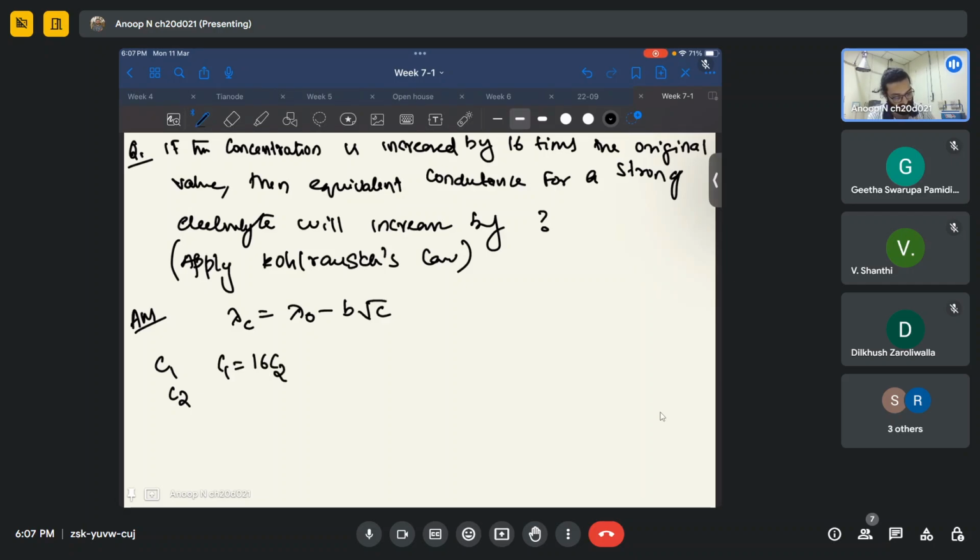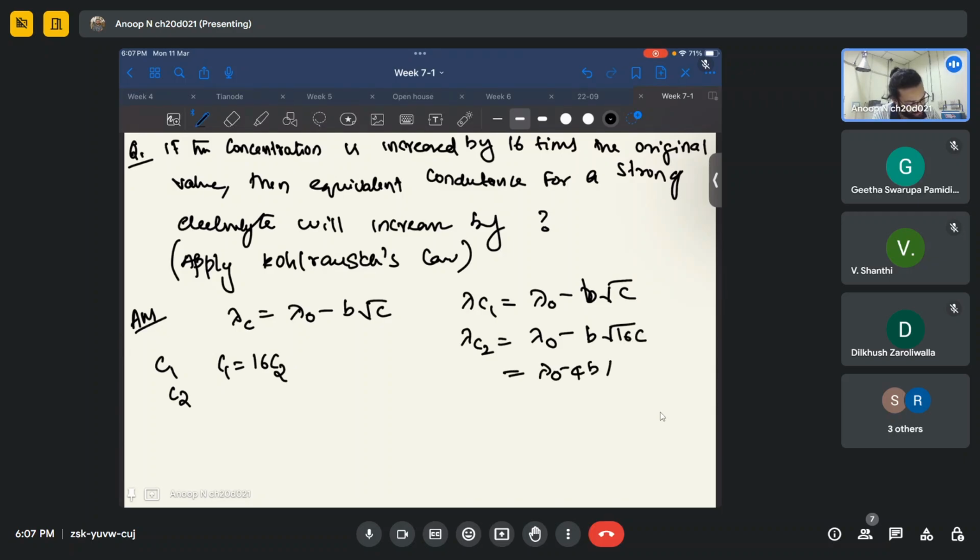So C1 I will take as C, so you can write lambda C1 is equal to lambda 0 minus b root c. For lambda C2 is equal to lambda 0 minus b root 16c, which will be equal to lambda 0 minus 4b root c.